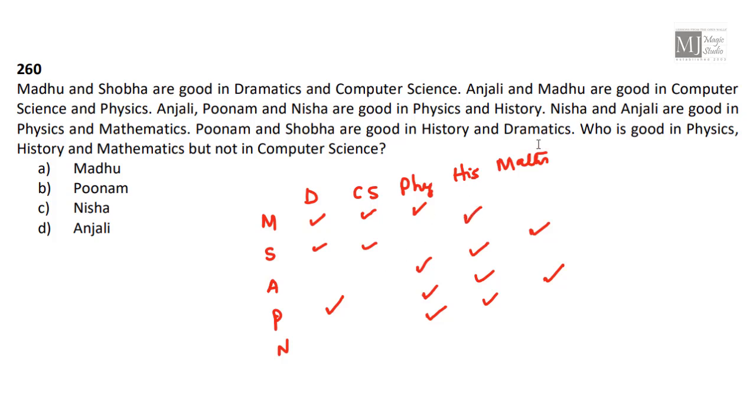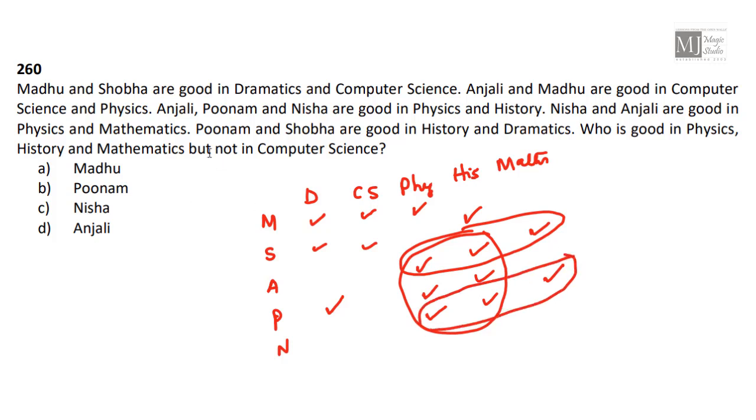Shobha is good in dramatics and history. Who is good in physics? History, physics and mathematics. Now we are left with only these two.